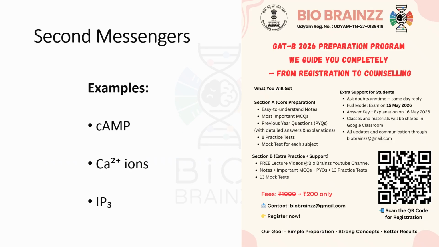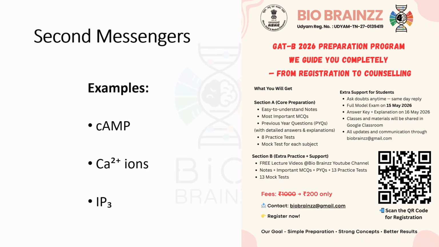Second messengers are small molecules inside the cell that help in transmitting signals further after receptor activation. They play a very important role in amplifying the signal and spreading it quickly inside the cell. Some common examples are cAMP, calcium ions, Ca2+, and IP3.